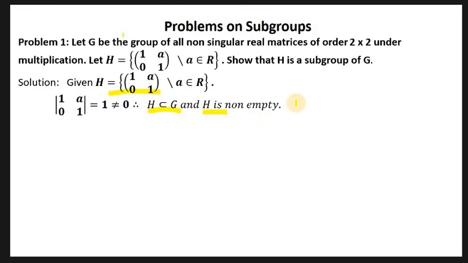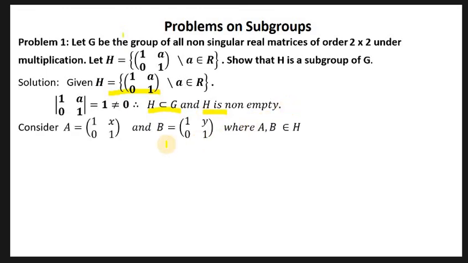Let us consider the matrices A and B to be any two arbitrary elements of H. A and B are two matrices belonging to the set H. Let A = [1 x; 0 1] and B = [1 y; 0 1], where x and y are real numbers, because by the definition of the set H, in [1 a; 0 1], a is a real number.